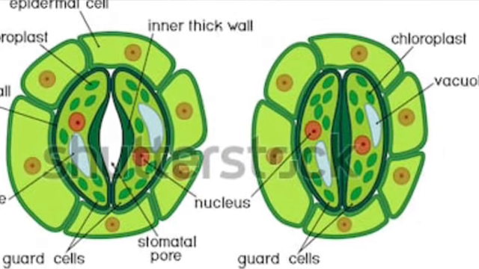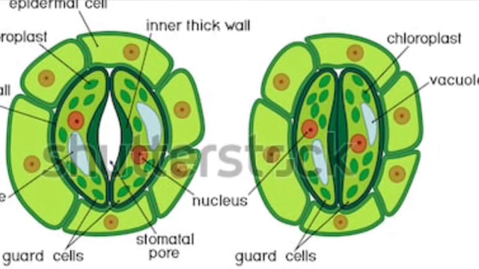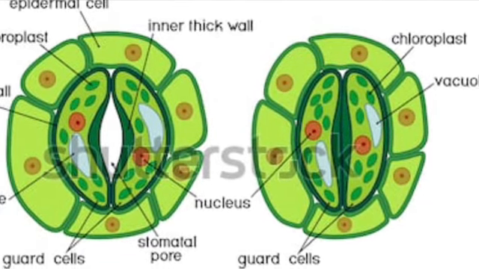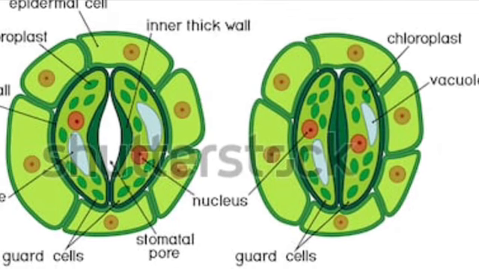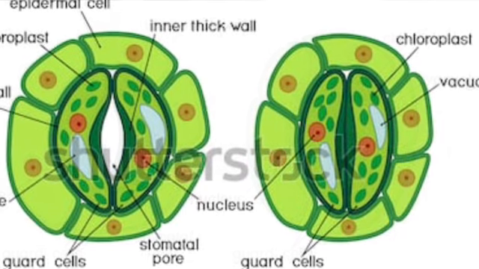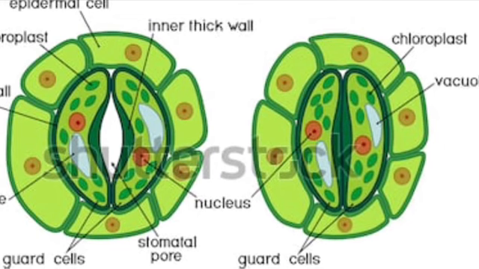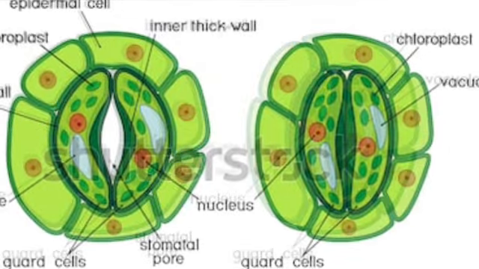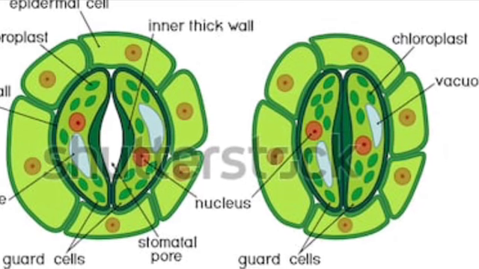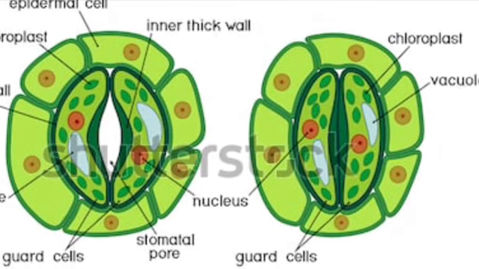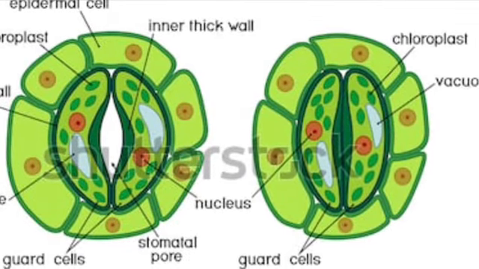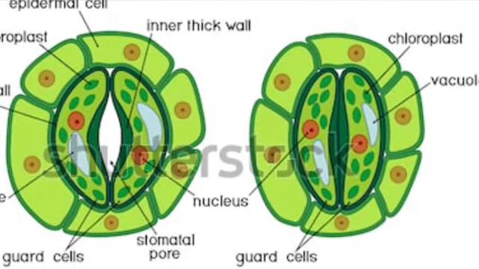It's where carbon dioxide and oxygen are able to leave or enter the plant, and it's surrounded by something called guard cells. These guard cells open and close for the purposes of water retention, and they typically close at night to retain the water in the plant or keep the plant from losing too much water.